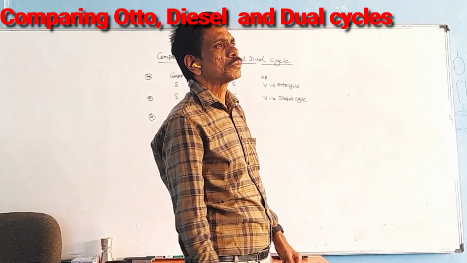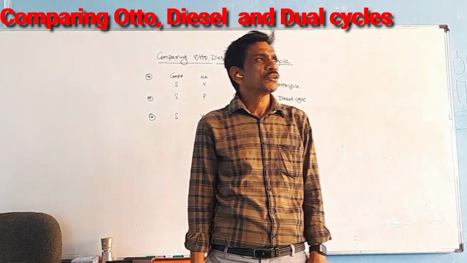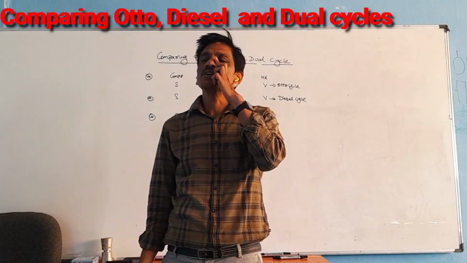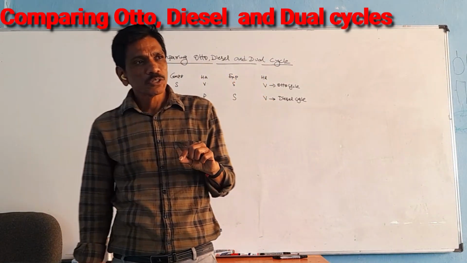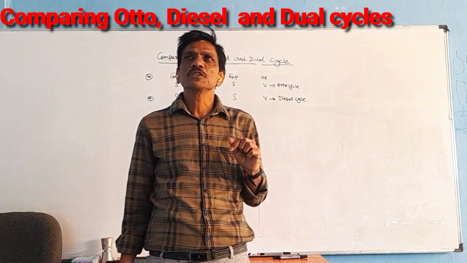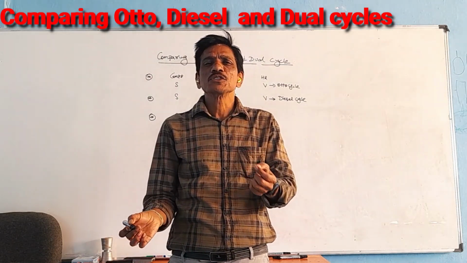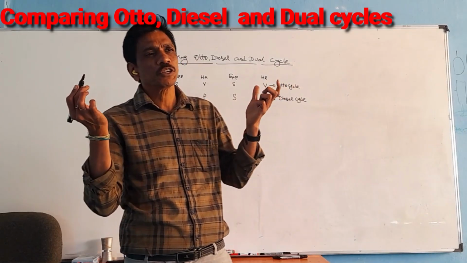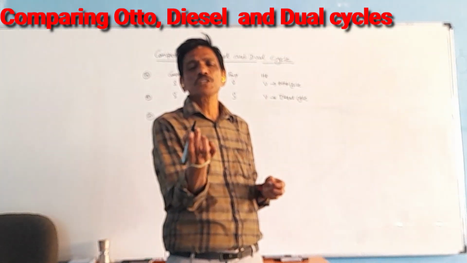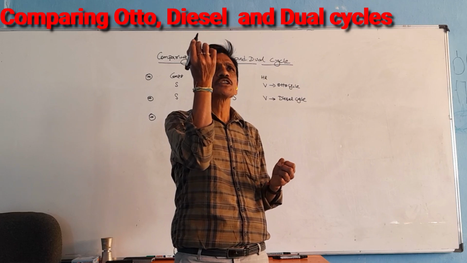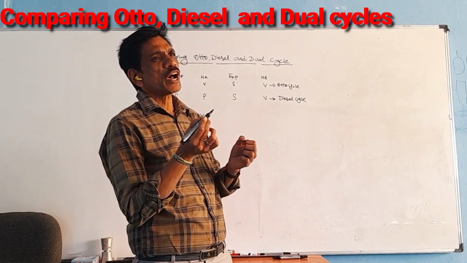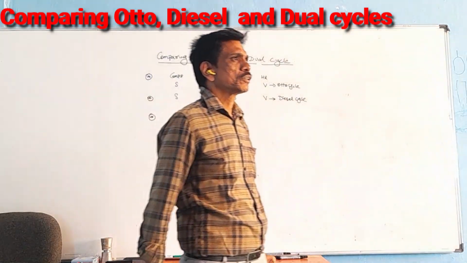So there are two types of heat addition normally occurring inside the engine cylinders, either constant volume or constant pressure. Here I want to make one point. Constant volume is a very efficient heat operation. The heat addition occurs at constant volume, meaning with the explosion the heat addition occurs. So that is highly efficient.